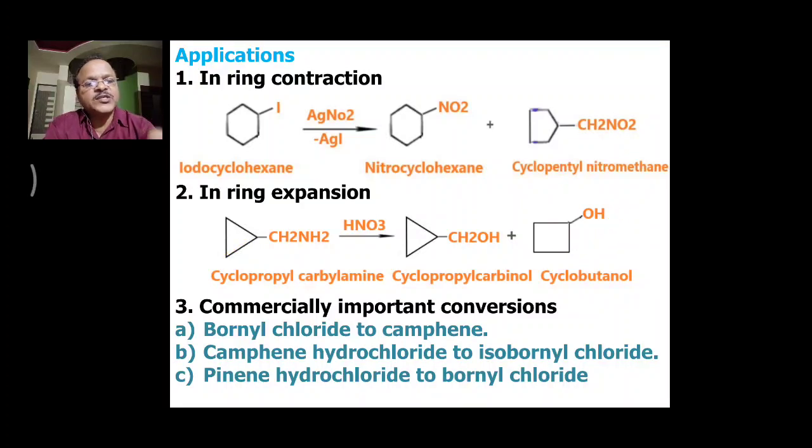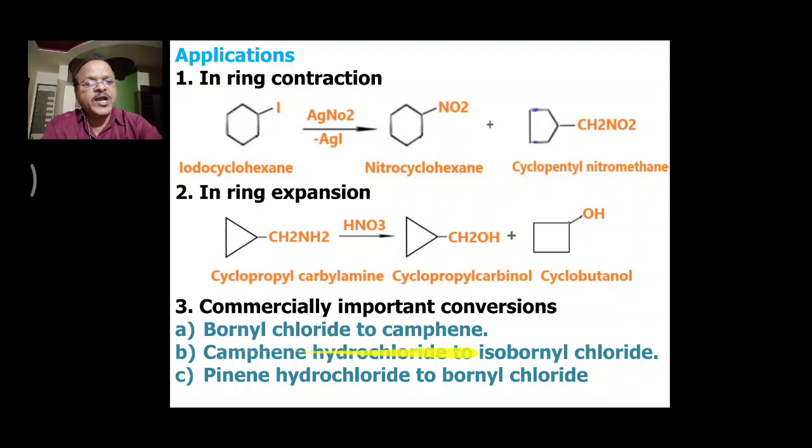Similarly, other applications of the Wagner-Meerwein rearrangement are also there. Commercially important compounds can be obtained by using this rearrangement. For example, bornyl chloride to camphene. This conversion can be brought about by the Wagner-Meerwein rearrangement.